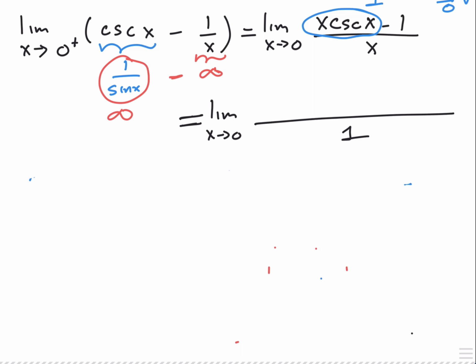That's going to be 1 times cosecant x, and then plus x times the derivative of cosecant x. What is that? Cotangent. It's the same as secant, except it's minus, and it's the co's instead. Instead of secant tangent, it's cosecant cotangent. Okay, and then minus the derivative of 1, which is 0.